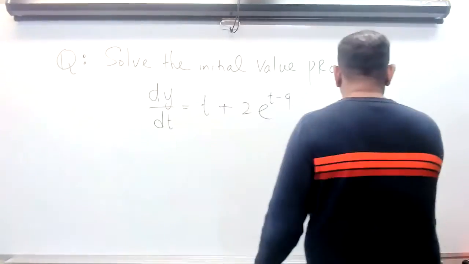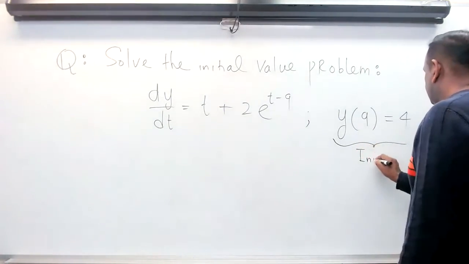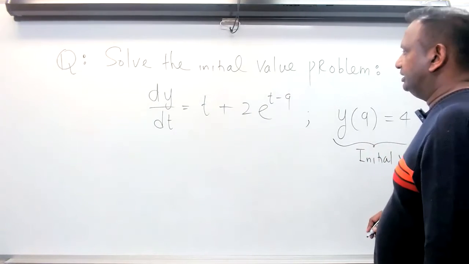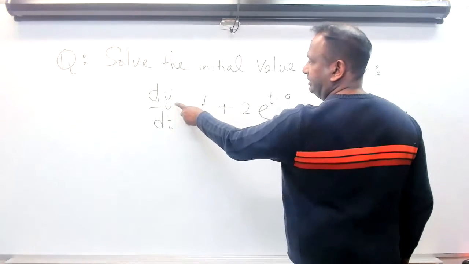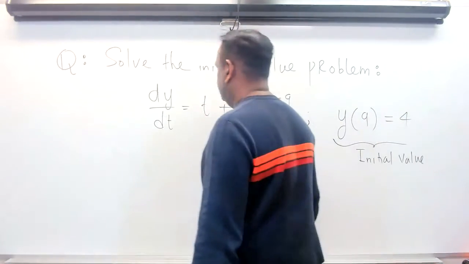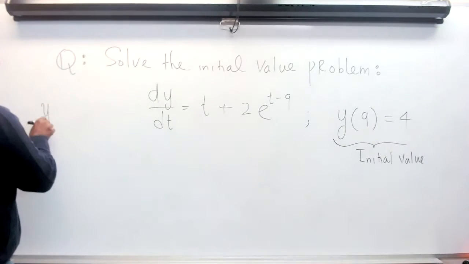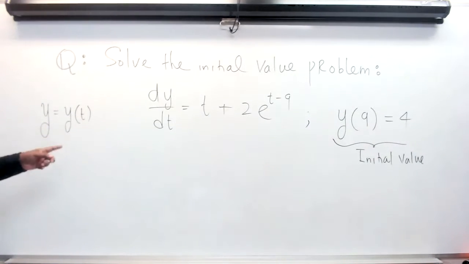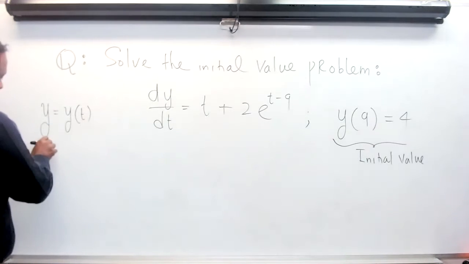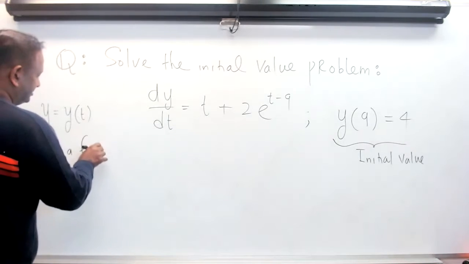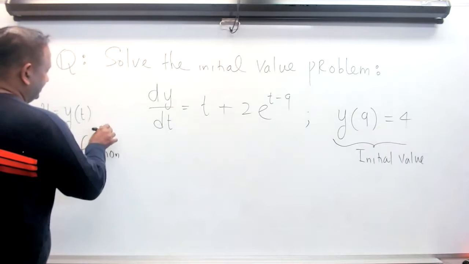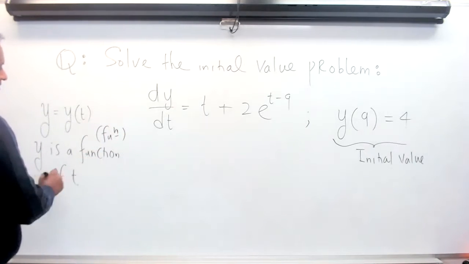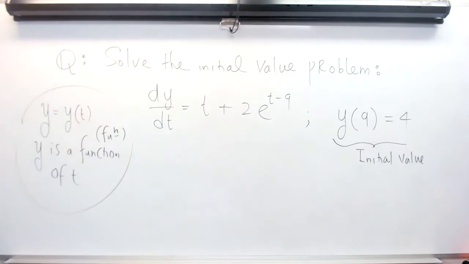This is called the initial value. That means what? Here you can easily say y is a function of t. I can write like this, for abbreviation down the road, y is a function of t.